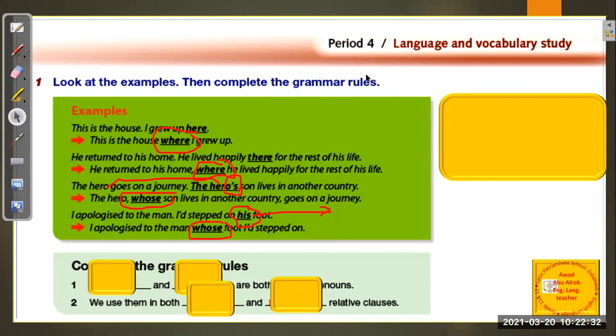So can you say that in English? Try it. 1 and 2 talk about the place. 3 and 4 talk about the possession. Yeah, possess, to own. Now complete the grammar rules according to this.